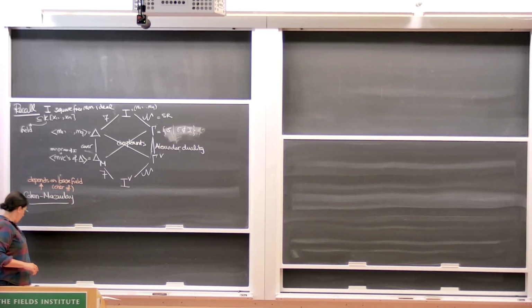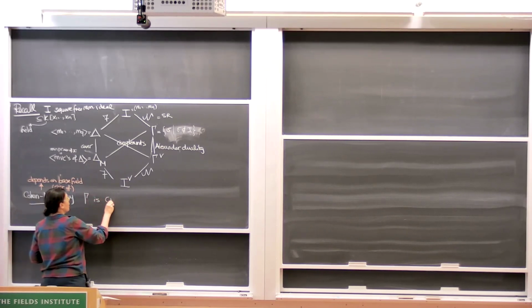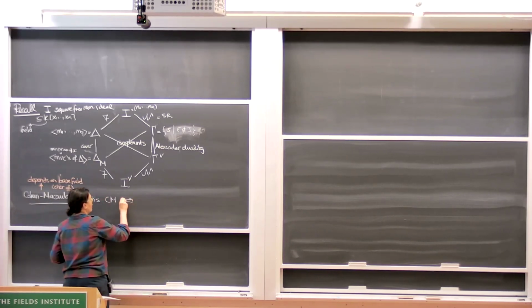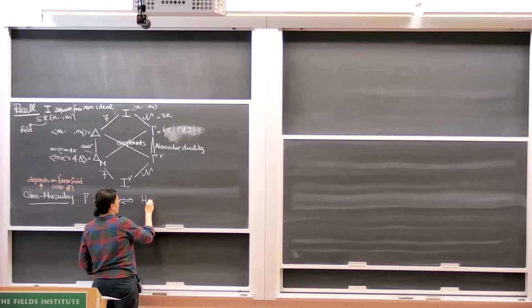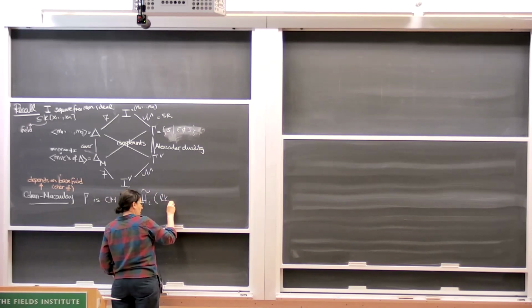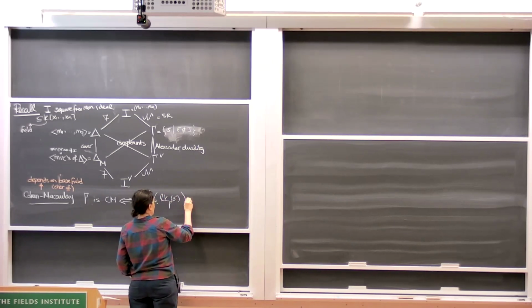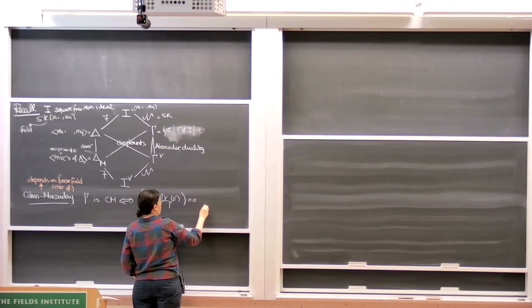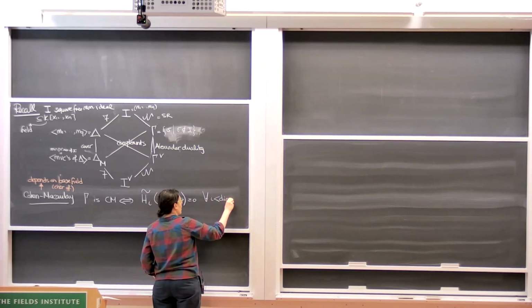So Cohen-Macaulay, right, so we say that gamma is Cohen-Macaulay if and only if the homology of the link in gamma of every face sigma in gamma is 0 for every i less than the dimension of that link.